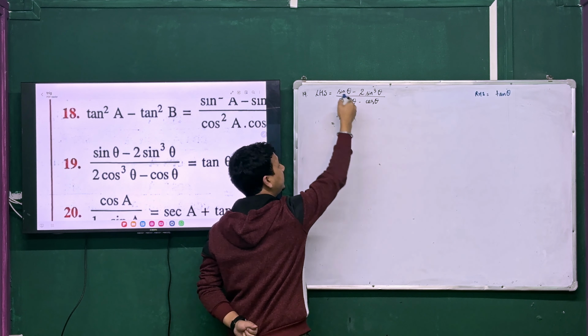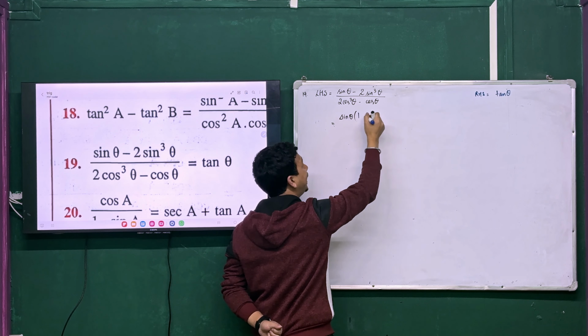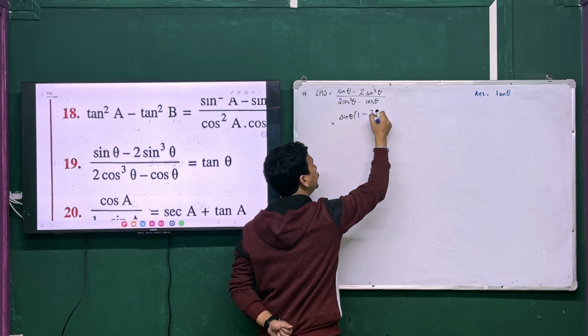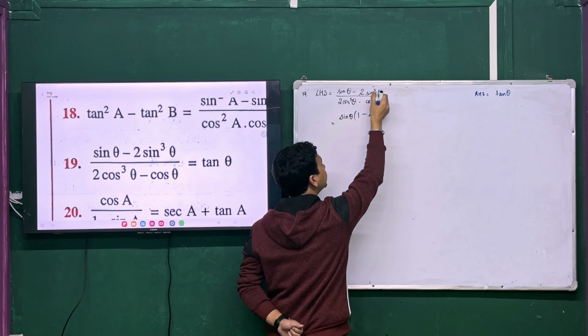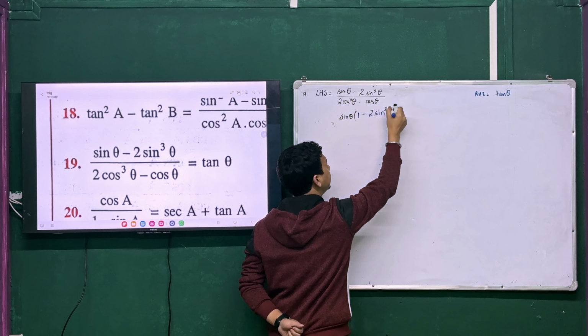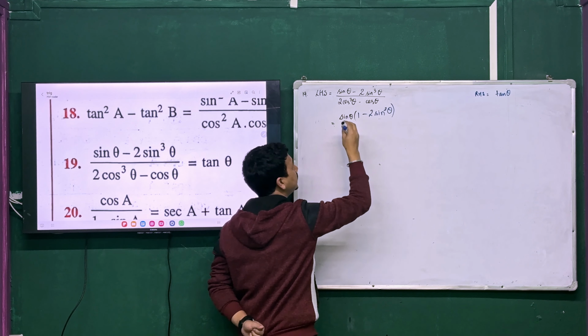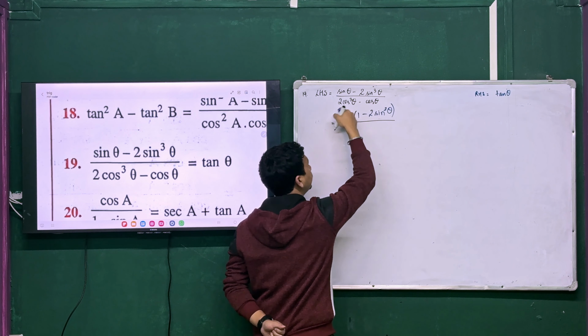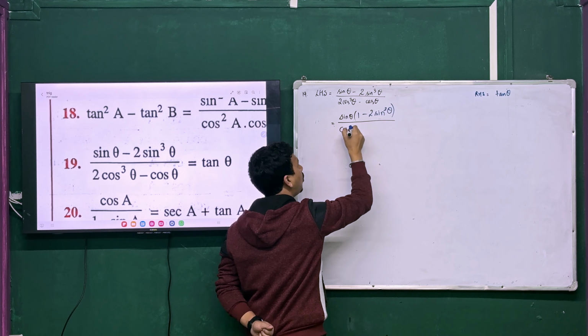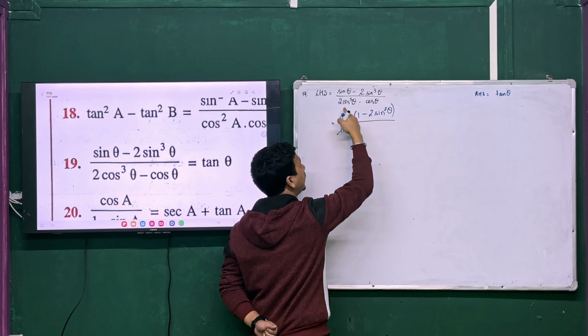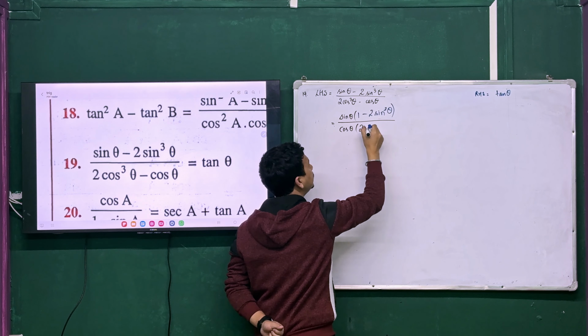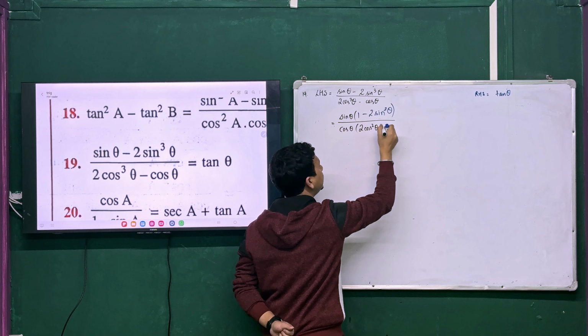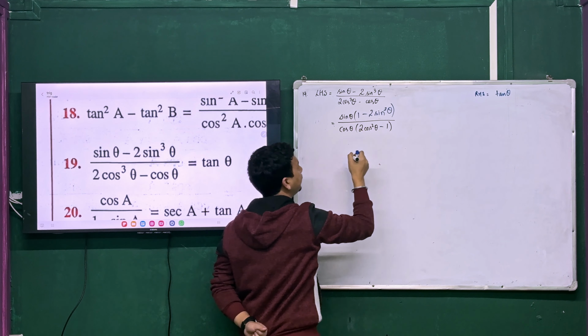If I take it common, then from here we are left with 1. From here we're left with 2. And since from the cube one sine theta is gone, you'll be left with sine square theta. Similarly, from the denominator I can take cos theta common, and from this we're left with 2 cos square theta minus 1.